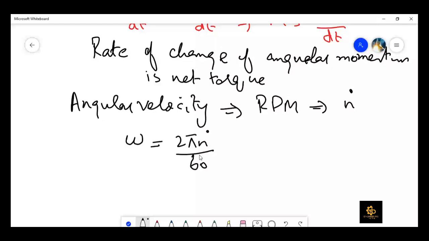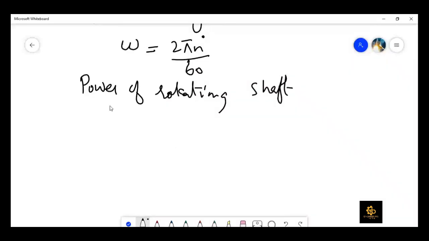So if we want to tell what the shaft power of a component or rotating shaft is, then W dot shaft would be equal to the product of torque and angular velocity, right?